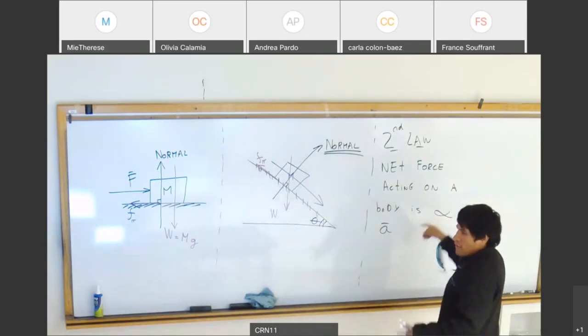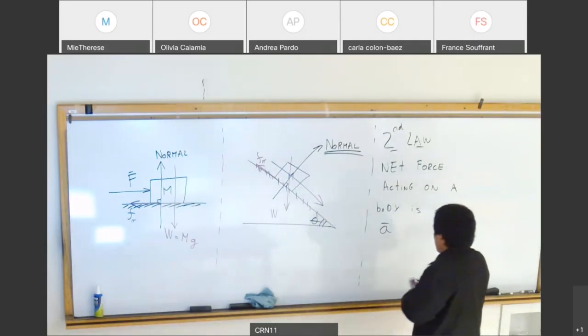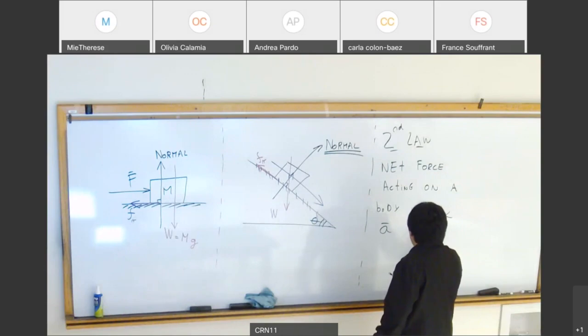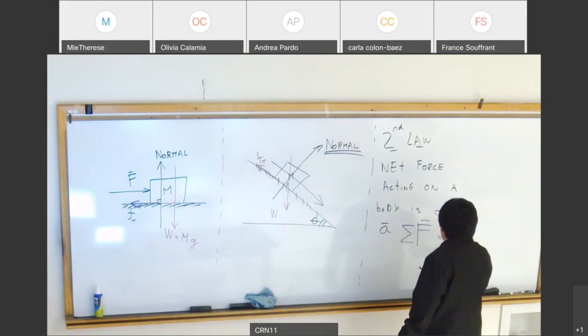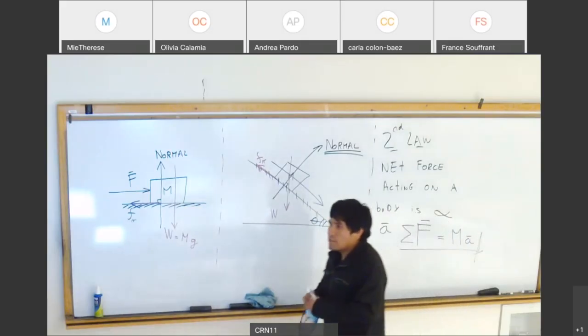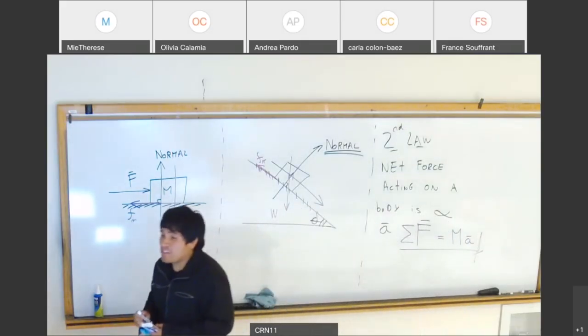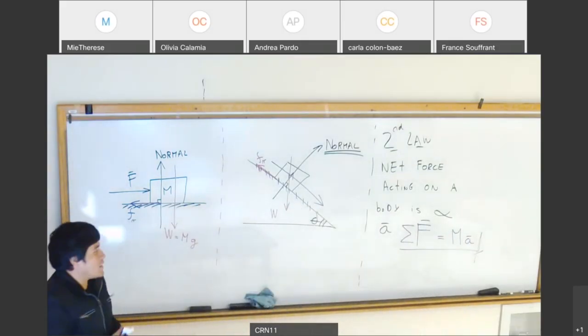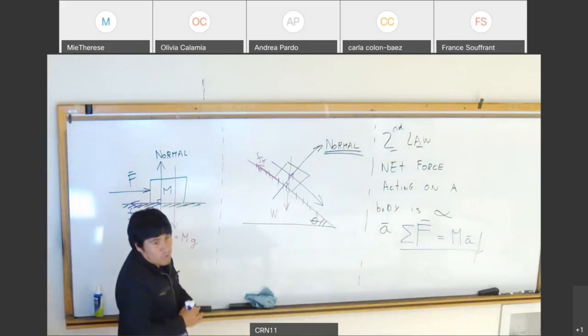The equation will be F, the net force, equals mass times acceleration. So we know this. But that's not an equation for friction though. That will allow us to find the force given the acceleration of the body.